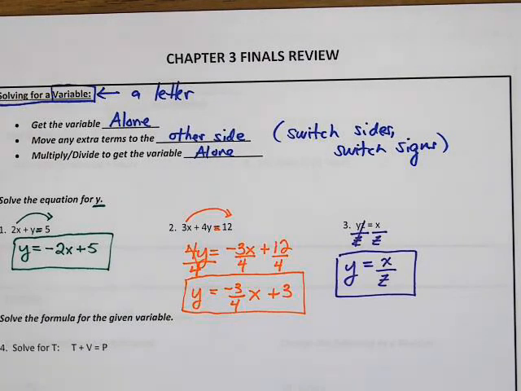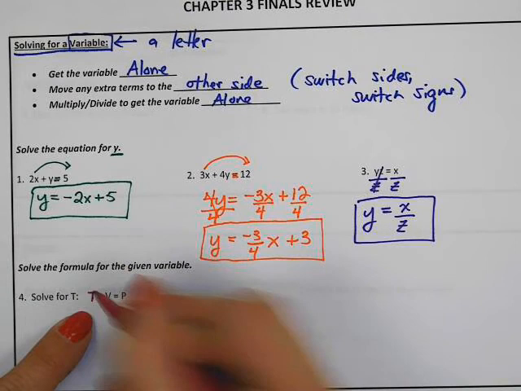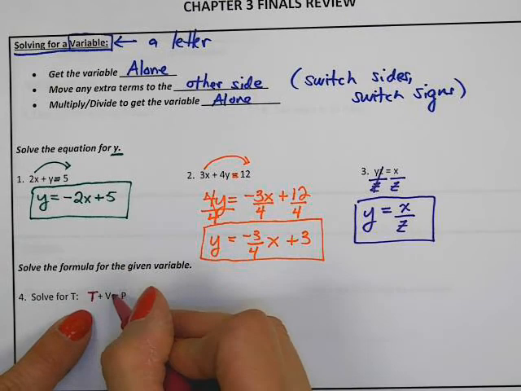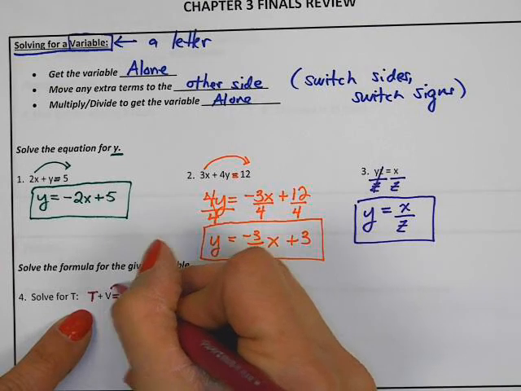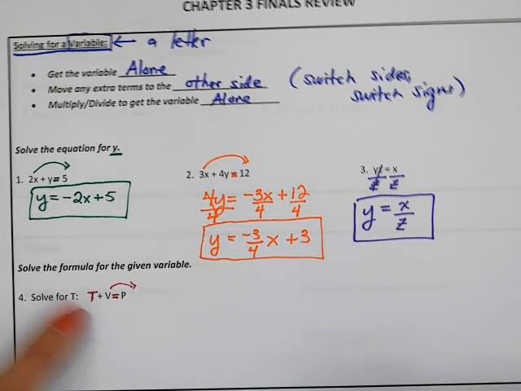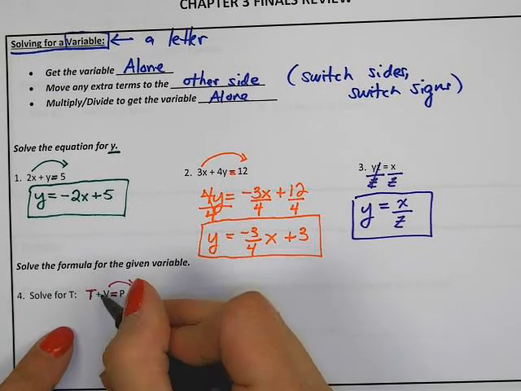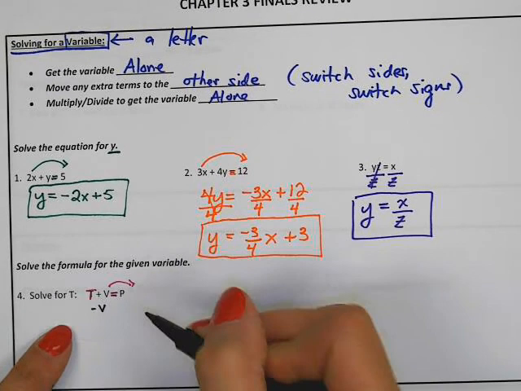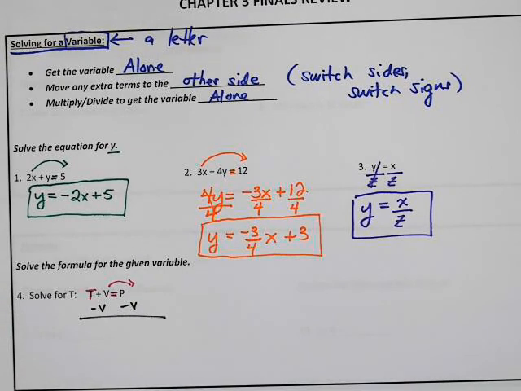It says solve for t. You could solve for any letter that they ask. So they want to get the t alone. And here's the equal sign. So what we're going to do is take the v and move it to the other side. We could also do this a different way. Some of you still like to take the v and say minus v to the left and minus v to the right, and we're all going to get the same answer here.